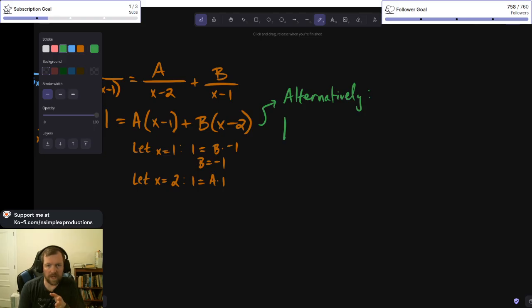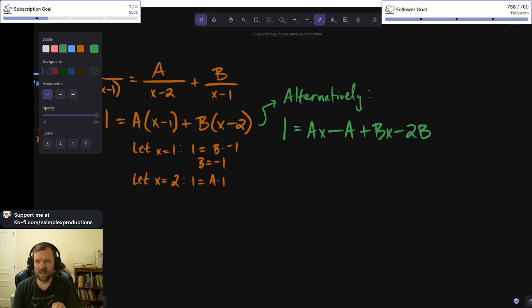we can go the other way and say, now, I must be mathematically pure in the way that we do this. We say that 1 is going to be equal to ax minus a plus bx minus 2b, and then rearrange stuff. So we get 1 is equal to (a plus b) multiplied by x plus (negative a minus 2b).